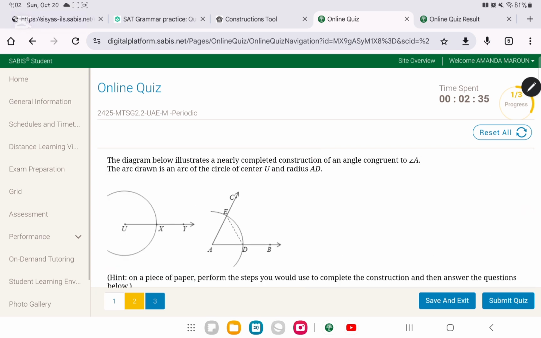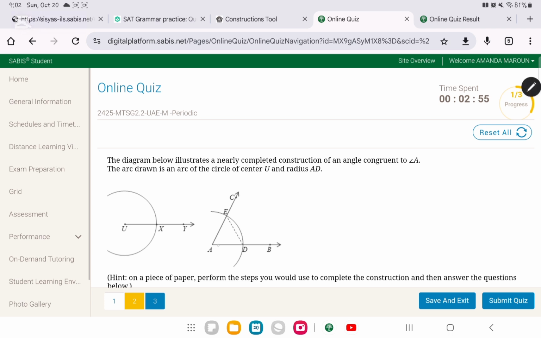Second one, the diagram below illustrates a nearly completed construction of an angle congruent to A. The arc drawn is an arc of the circle of center U and radius AD. So, what did they do? So far, they drew any random ray, and they called it Y, for example.